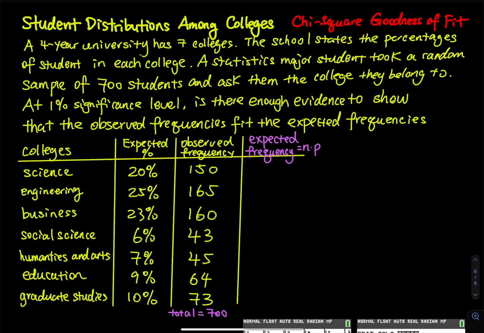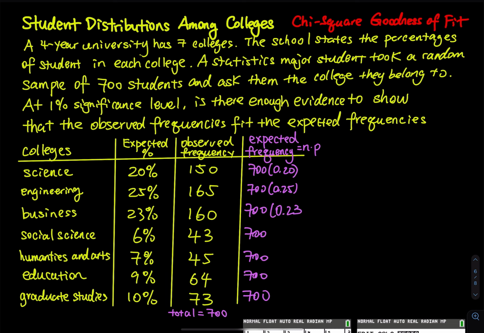So all you have to do is take n times p. For the first college, science, you take 700 times 20%, and the next one is 700 times 25%, and then 700. So these are all 700s. You are taking the sample size and multiplying by the corresponding percentages.